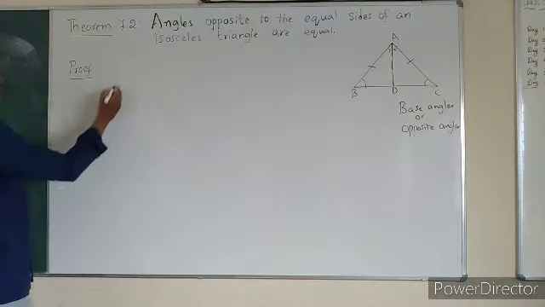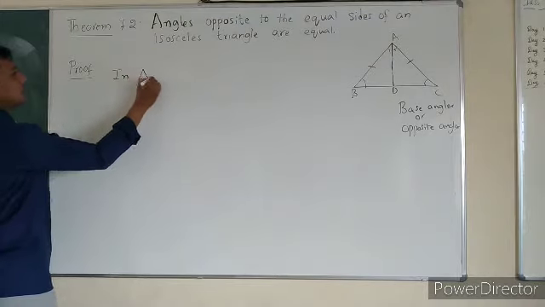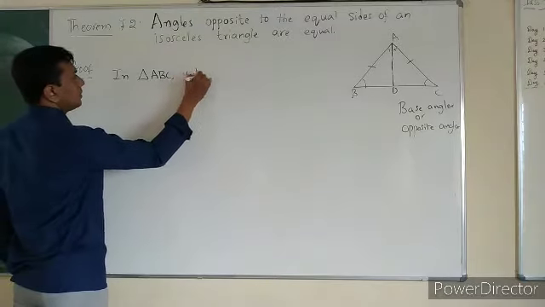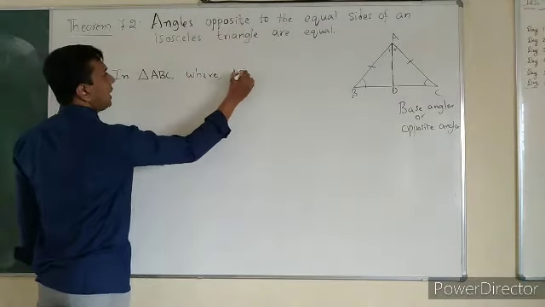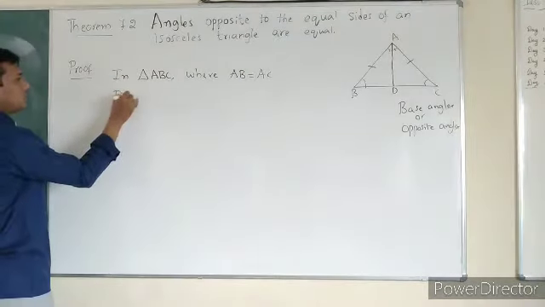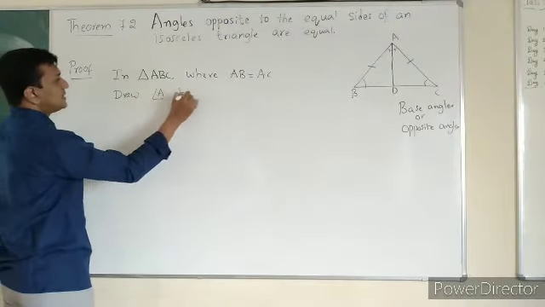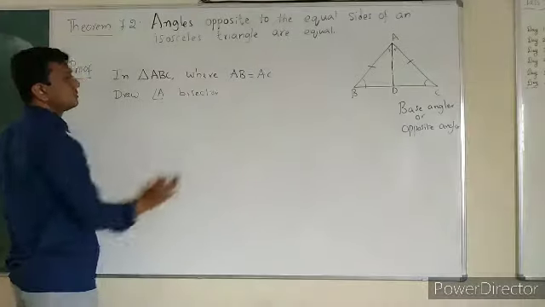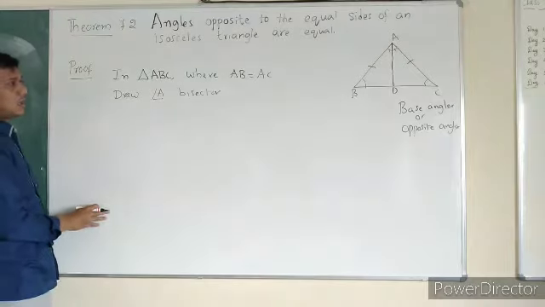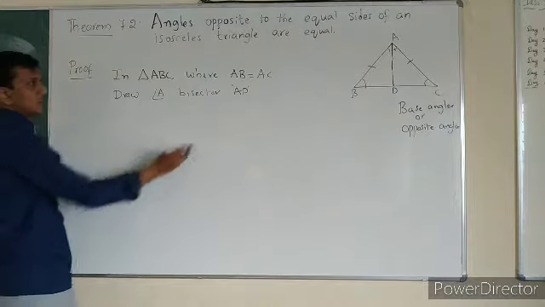So to prove this, in triangle ABC, where AB is equal to AC, now draw the angle A bisector. What is the bisector name? AD. AD is the bisector.